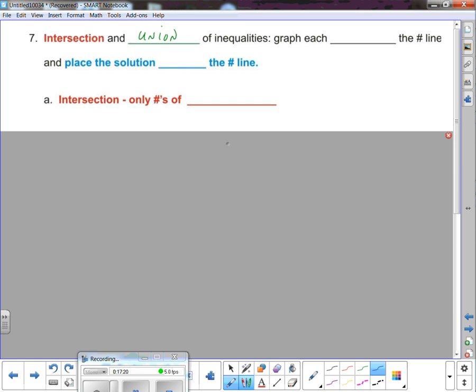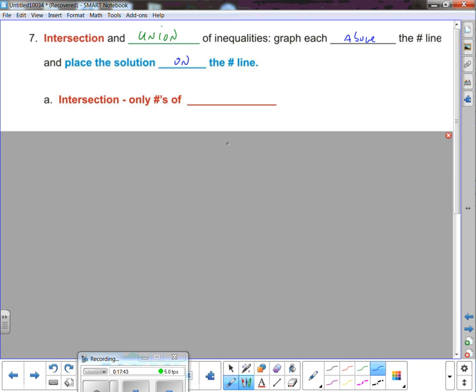So we're going to graph each above the number line and place the solution on the number line. Now you might say, Mr. Scarfy, you just told us a minute ago that if you're right on the number line, it's hard to see. Yeah, I know, but in this case, you got to put the solution somewhere. We're going to put it on the number line, and I'll show you that in a minute.